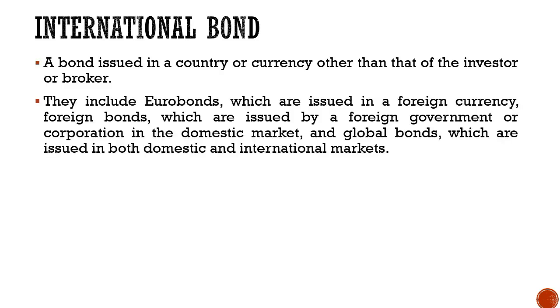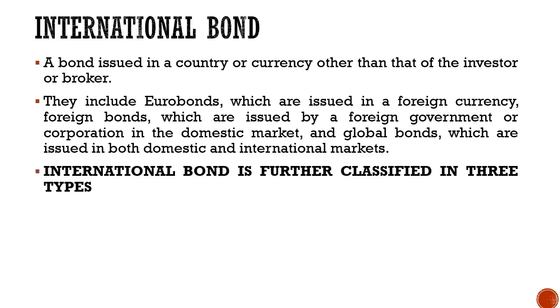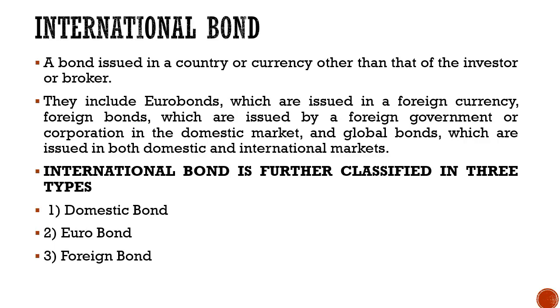They include euro bonds, which are issued in a foreign currency, foreign bonds, which are issued by a foreign government or corporation in the domestic market, and global bonds, which are issued in both domestic as well as international markets. So if you want to broaden up the types, the international bond is further classified in three major types. Number one, domestic bonds. Second, euro bonds. And third, foreign bonds.